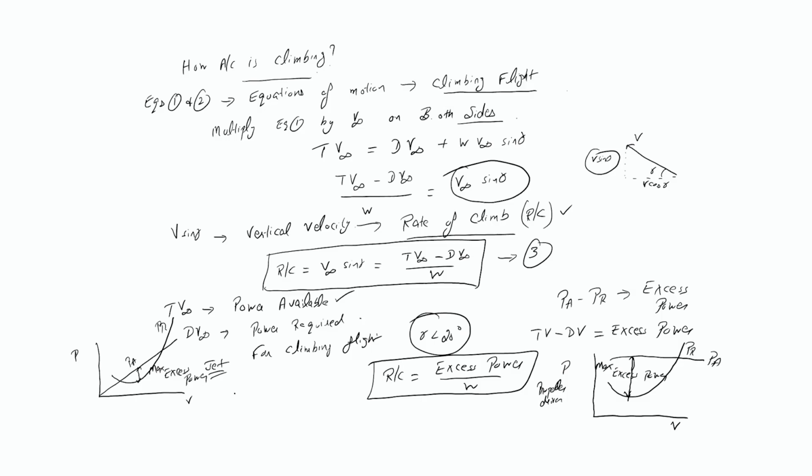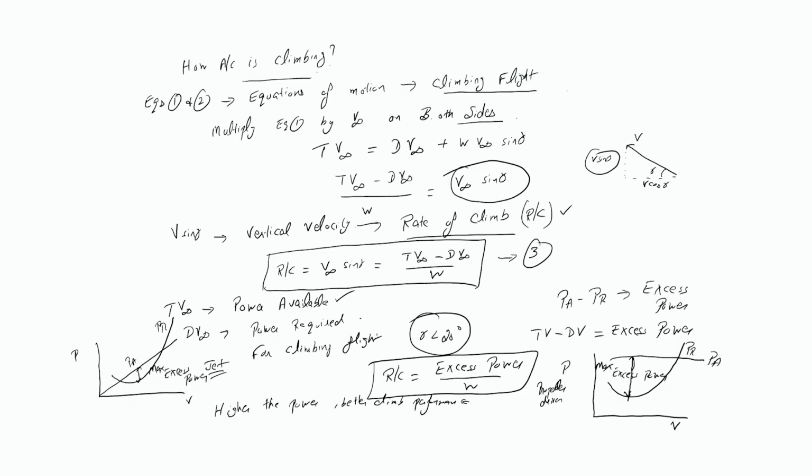Clearly, rate of climb depends upon the excess power in combination with the weight of the aircraft, which is quite intuitive as well. The higher the power, the better the climb performance.